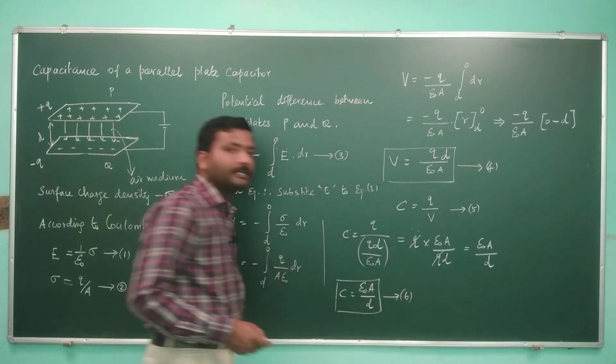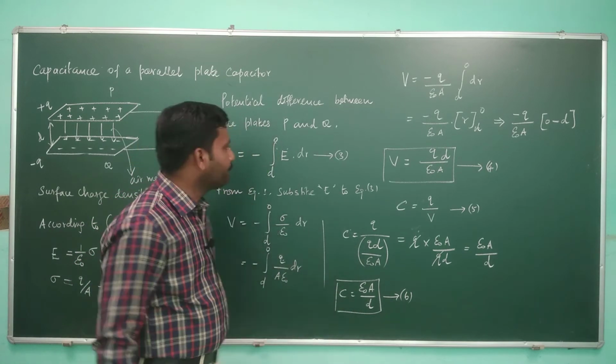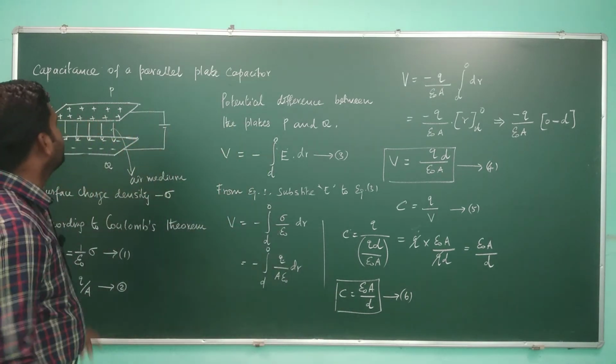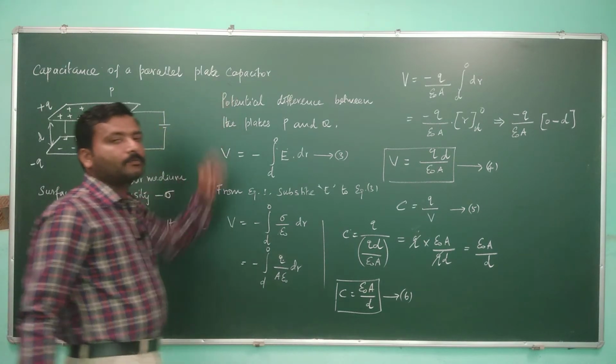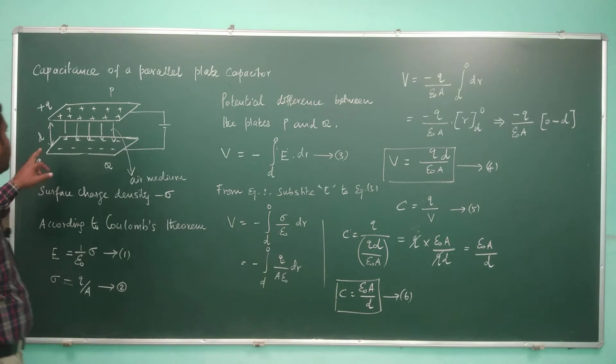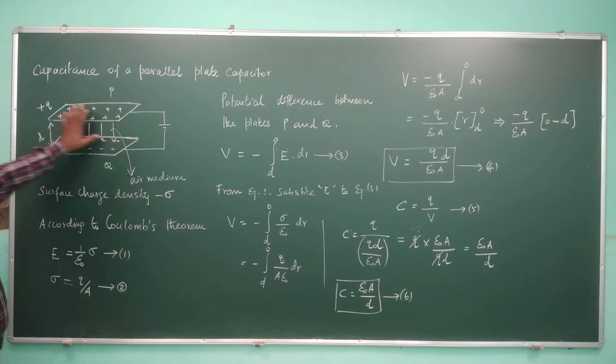This is what we wrote as the second equation for capacitance in our earlier lecture. So in this derivation, we have derived the capacitance of a parallel plate capacitor. Let me repeat what we assumed. We considered two plates, P and Q, separated by a distance D, and given a supply, so that the upper plate is positively charged and the lower plate is negatively charged.